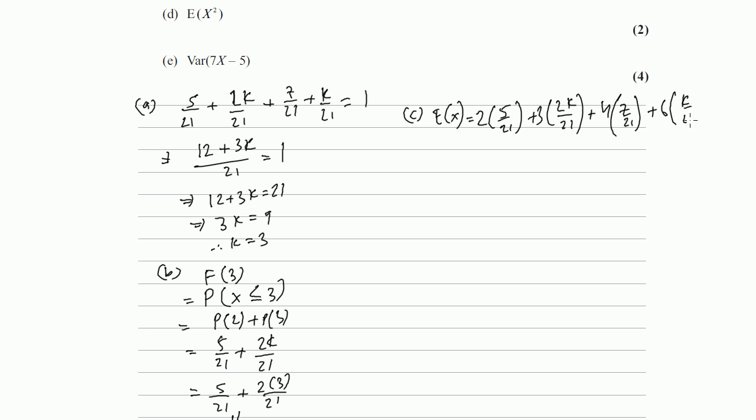If you add all of it up and put the value of k equals 3, you're supposed to get 74 by 21. So you have to do the arithmetic.